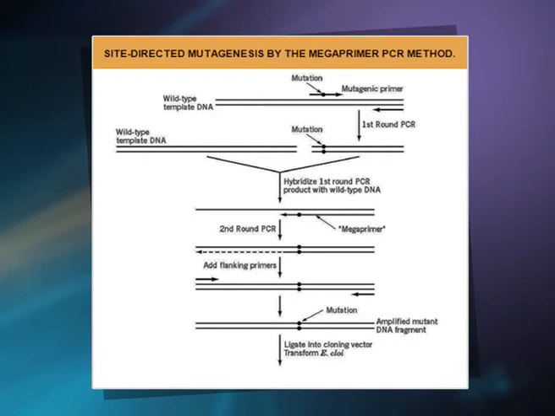The amplified product is then used in a second round of PCR with wild type template and the other flanking primer to create a fragment of the same length as the original target DNA containing the desired mutation. The key to this method is that the amplified product from the first round of PCR is used as a primer in the second round of PCR.